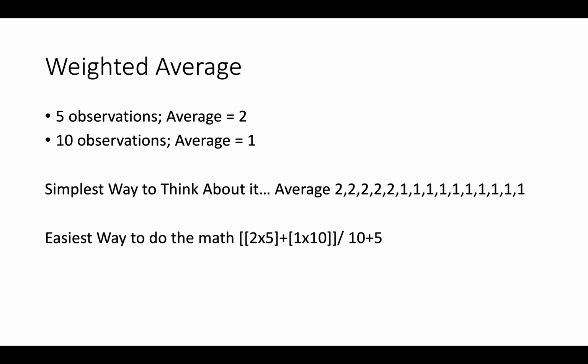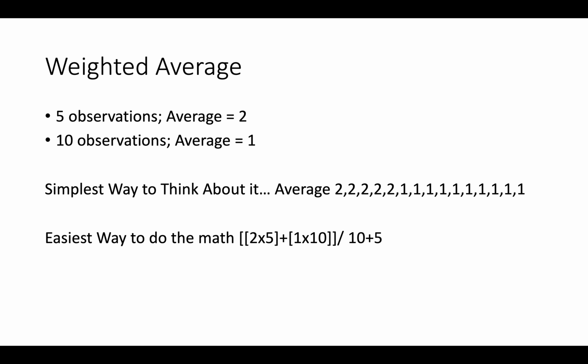But I want to average these together, and I could just take 2 plus 1 divided by 2, get 1.5. But what I'm not accounting for is the fact that I have twice as many observations that average to 1 as I do that average to 2.